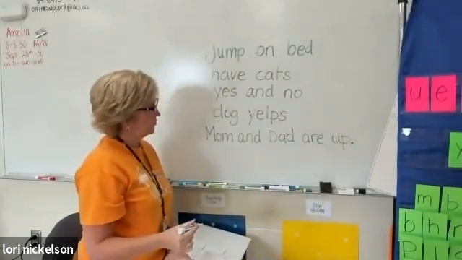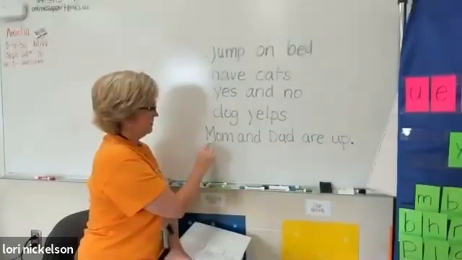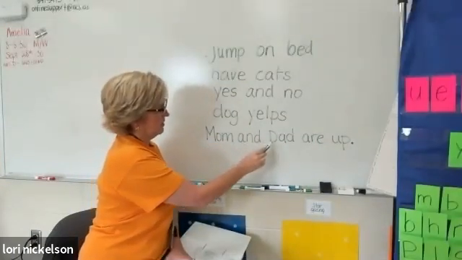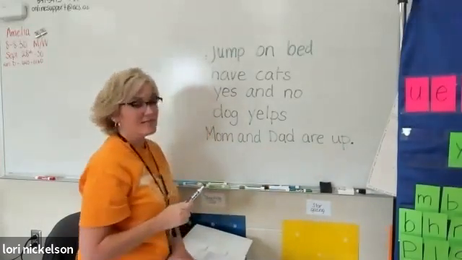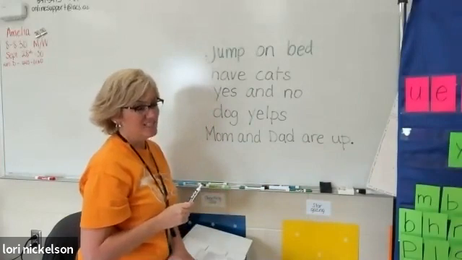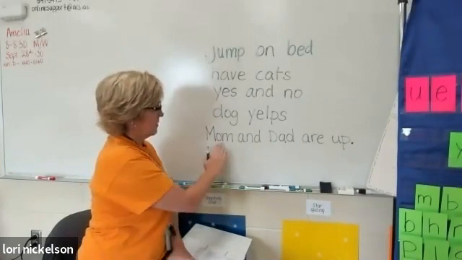Oh, this is a longer one. And notice this one has a capital letter at the beginning. And there's a period at the end. So this isn't a phrase. This is a sentence. So let's read our sentence.